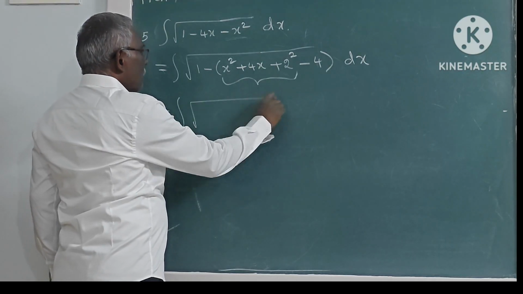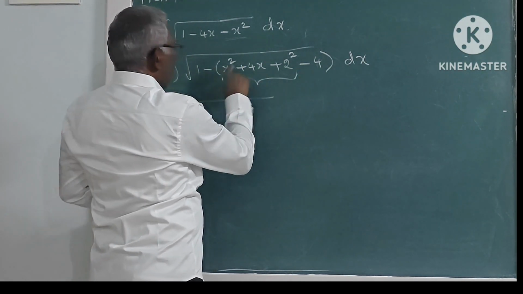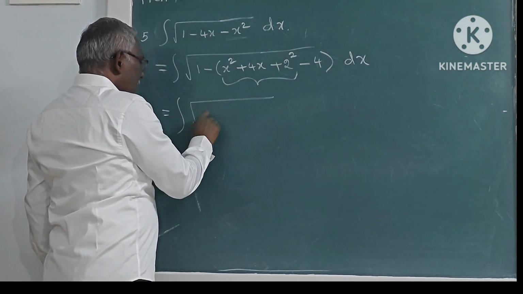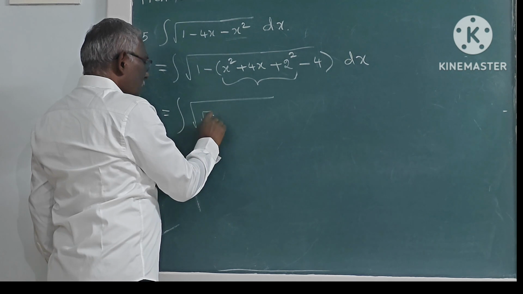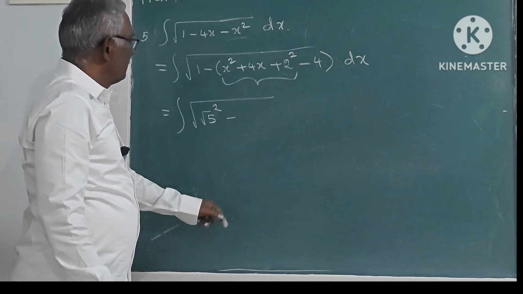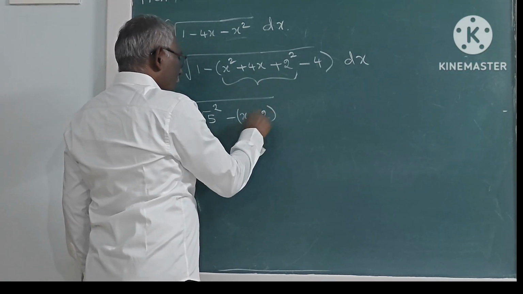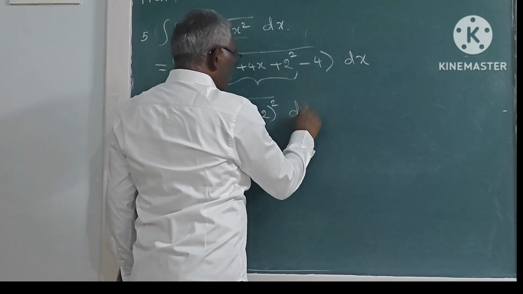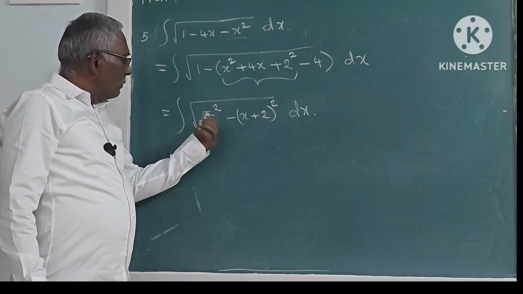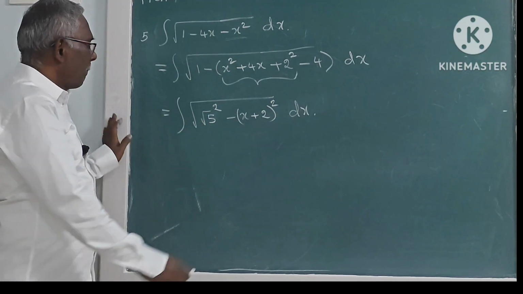And square root of 1 minus of minus 4, that is plus 4, so it is 5. 5 we can write as root 5 whole square minus x plus 2 whole square dx, because the formula is square root of a square minus x square, then only you can apply the formula.